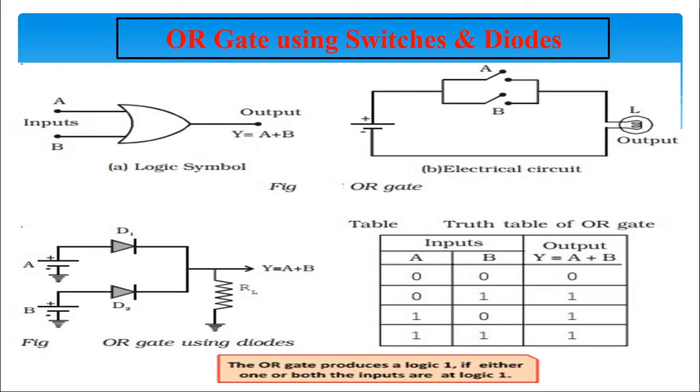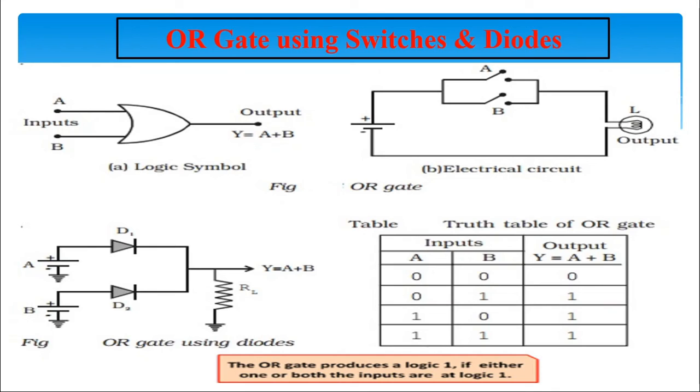Again, the output voltage is ideally equal to plus 5 volt or equal to VCC. In terms of binary, when A equal to 1 and B equal to 0, then Y equal to 1 as shown in the truth table.